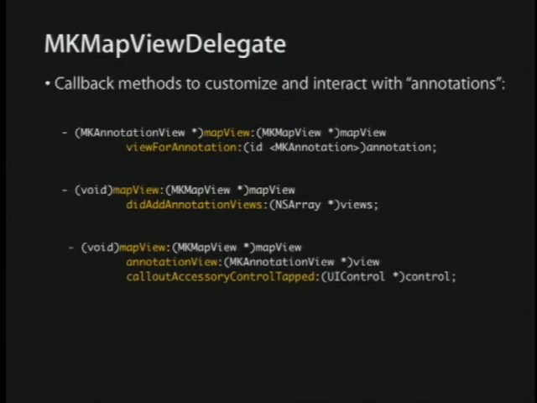You may choose to override the view for annotation and return a custom MK annotation view. And if you do that, that's fine. You have to build that yourself, and we'll show you what the API looks like. But if you don't implement that function at all, it will create MK annotation views for you, and then you have a chance to customize them in the did add annotation views method.